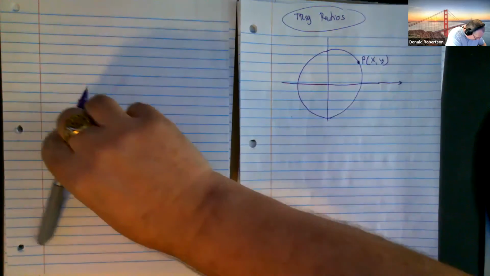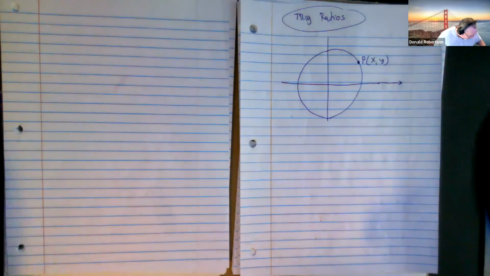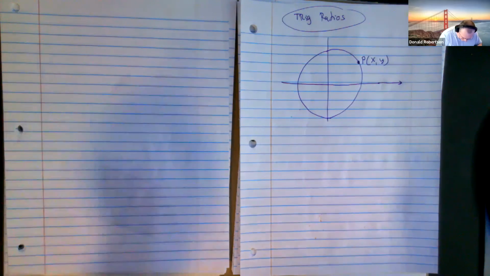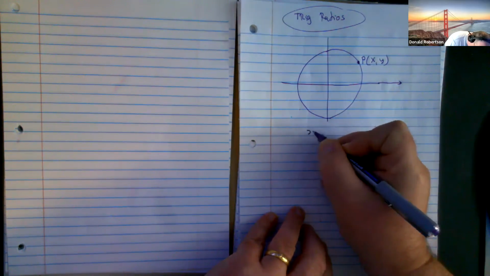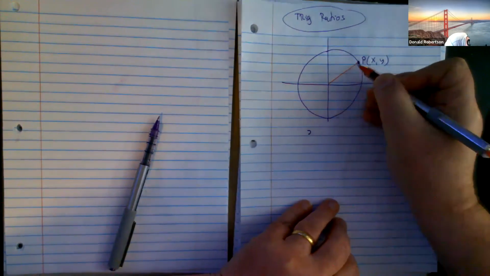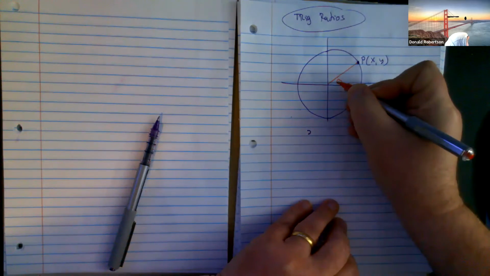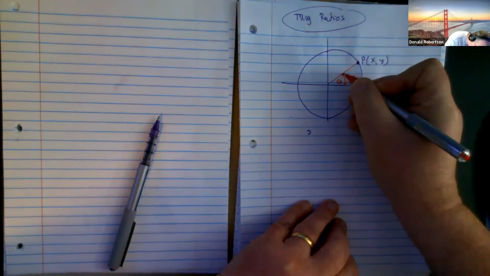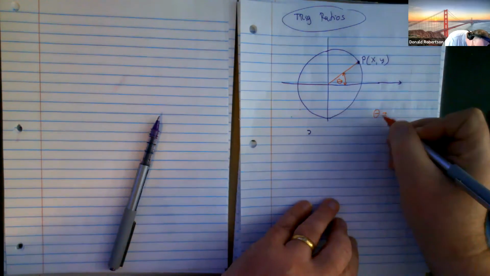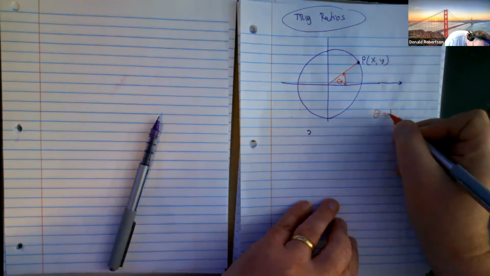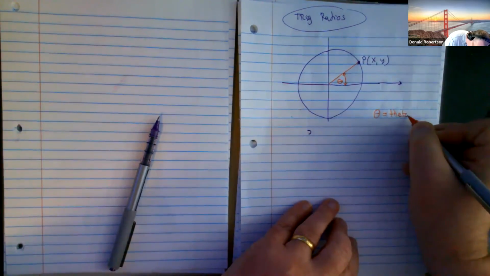There are 6 trig ratios, 6 trig functions. Let's put a little angle in. I'm going to call that angle theta, that letter that looks like a 0 with the stroke through it, because that's quite a common letter in trig.